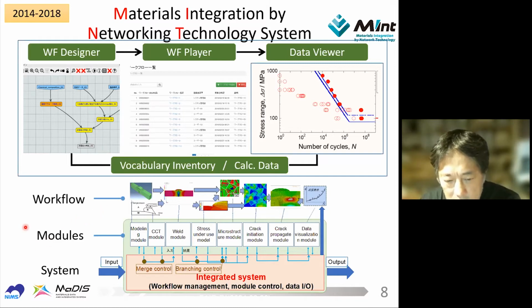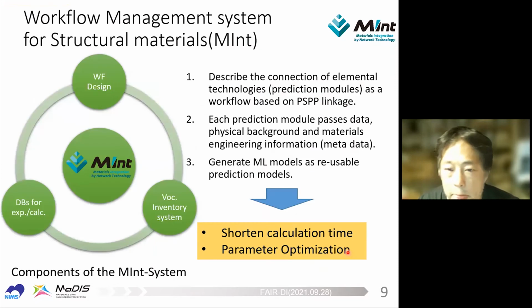The picture below is a very simple example of a workflow to estimate the fatigue life limit. In the workflow, about six or seven prediction modules are performed automatically in the system, and the user inputs something and gets the output.